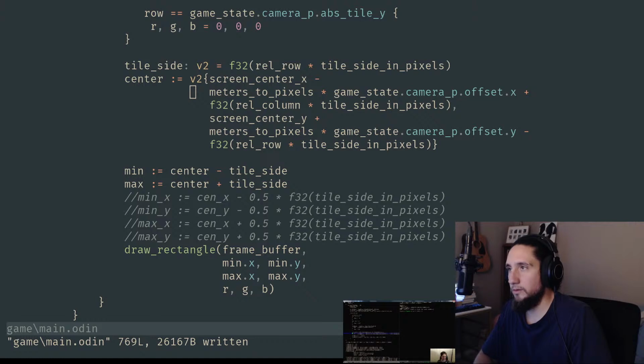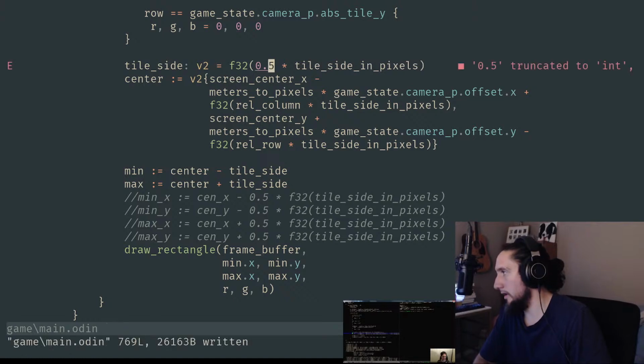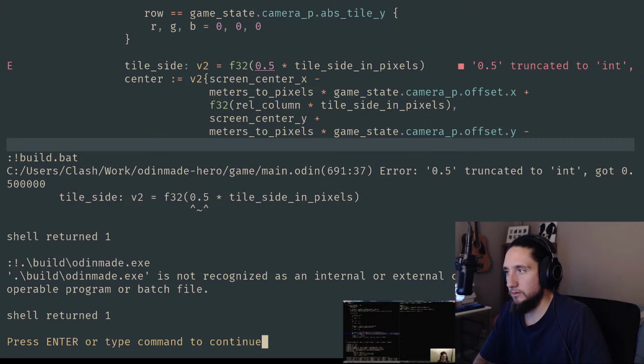I did this wrong. I don't know how I did this or why I did it this way, but this was supposed to be 0.5, right? And that's truncating to an integer, which is not good.